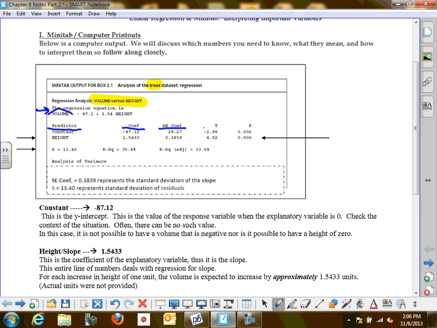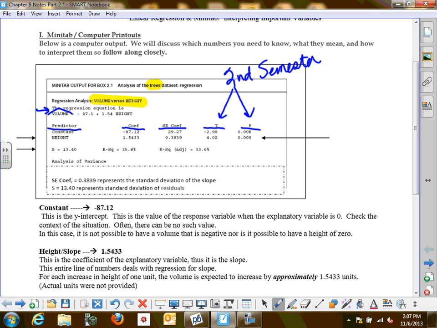This column is about t-values, and this column is about p-values. Now, these 2 columns we will learn about next semester because they are about inference, inference of relationships, hypothesis testing and all that other stuff. So those numbers are there, but you won't use them anytime soon.